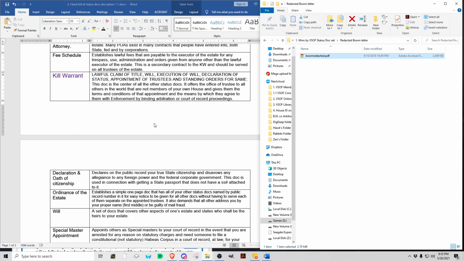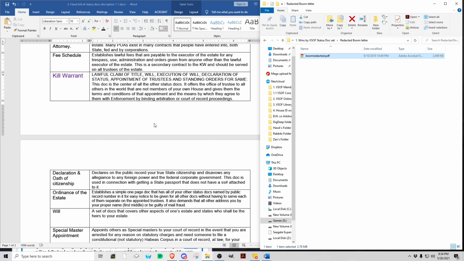Now, he said in that document, which we removed, that he was the beneficiary. But he only said that he was the beneficiary of the trust because the Social Security trust name is a constructive trust that they create from the productive value of the estate. So you've got the estate name, which is the all capital letters name on the birth certificate. Then you have the first, middle, last name, all capital letters, which is the constructive trust name of the Social Security account.